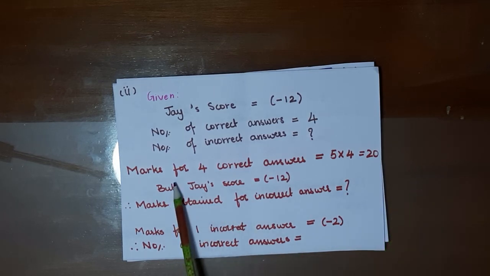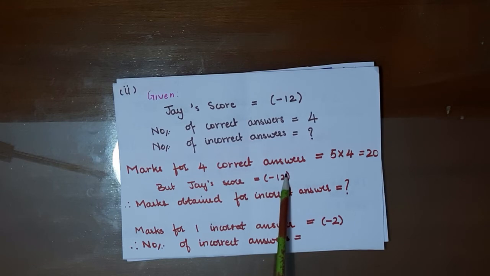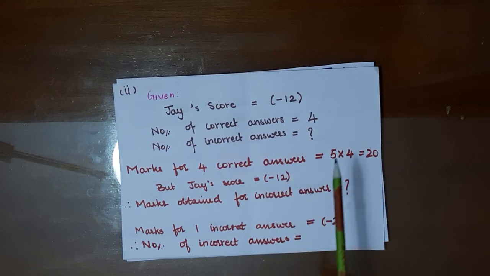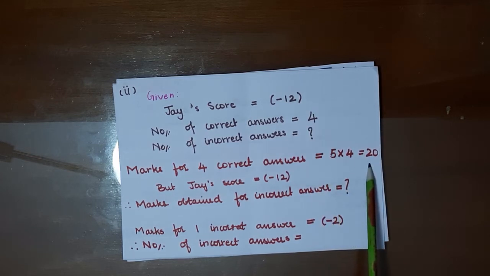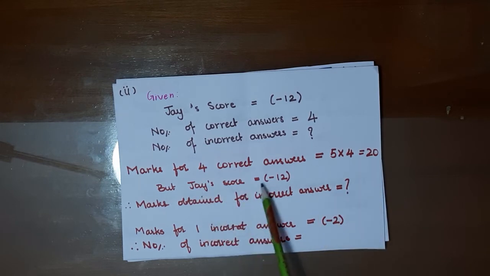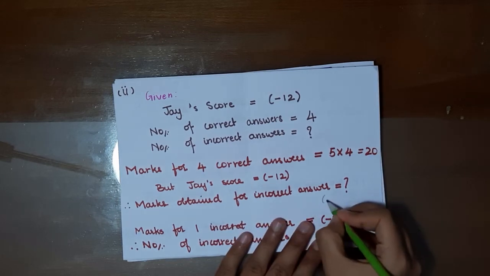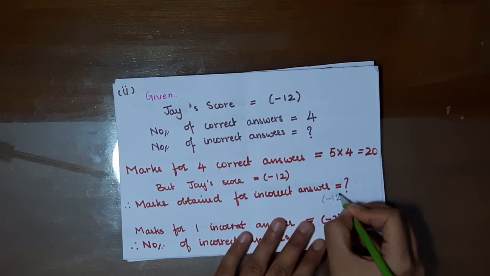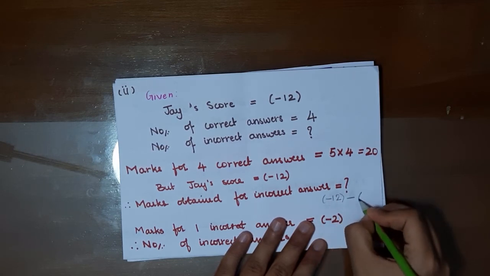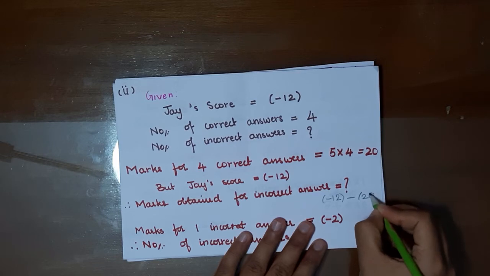Okay, so marks for 4 correct answers is equal to marks for each correct answer, 5, as we know, into number of correct answers 4. 5 into 4 equals 20. But Jay's score is minus 12. So marks obtained for incorrect answers is minus 12 minus 20.